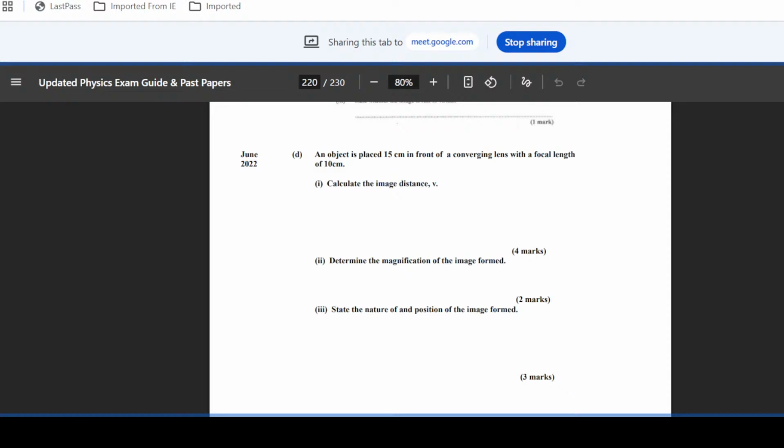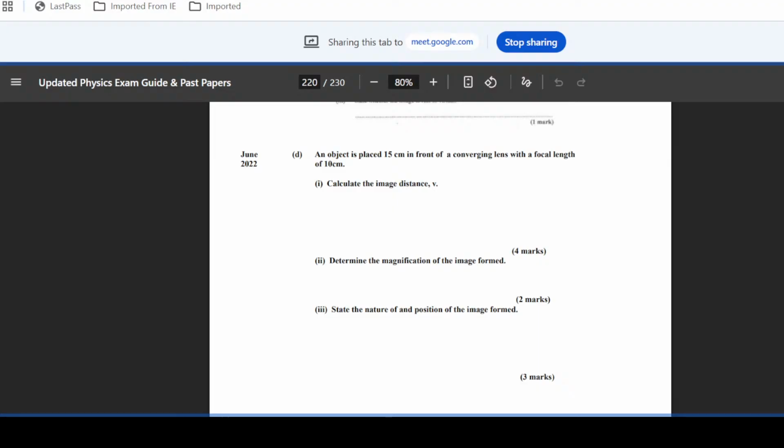So you can either say it stayed the same size, was diminished, or was magnified. One thing you can comment on is if it's real or virtual. That's another thing you can comment on.